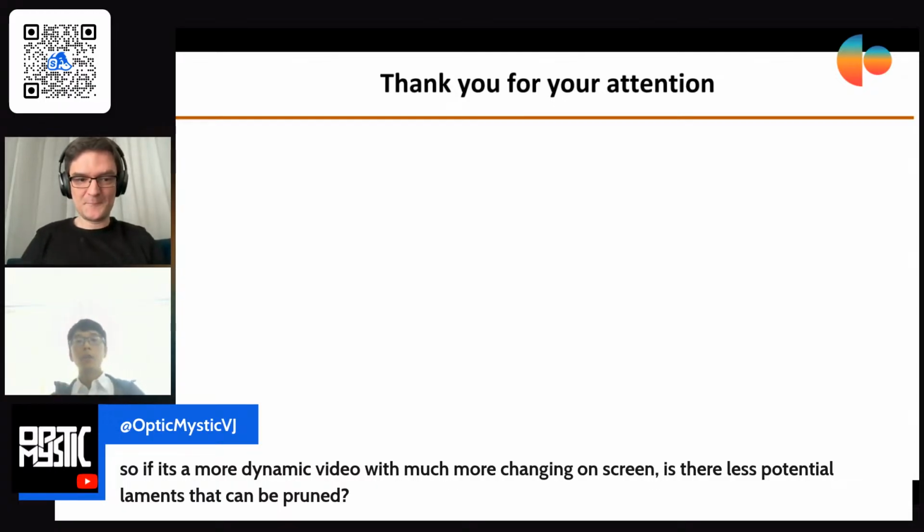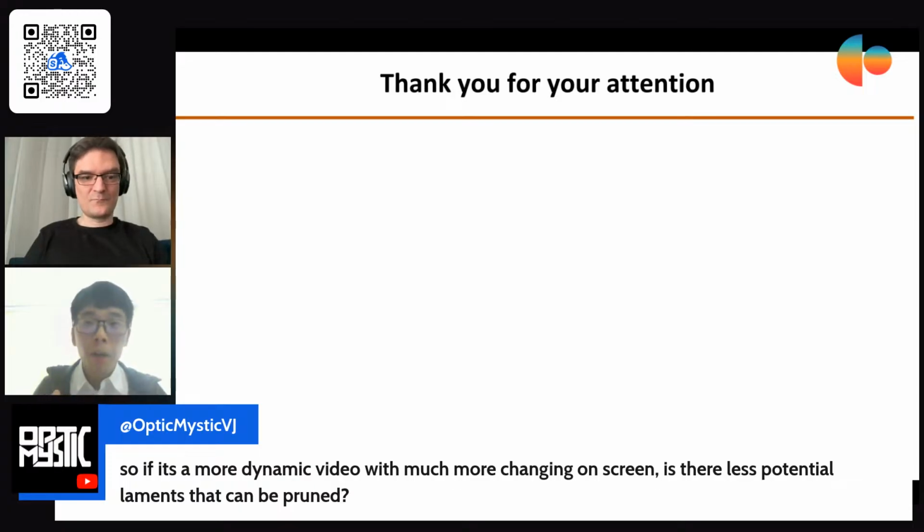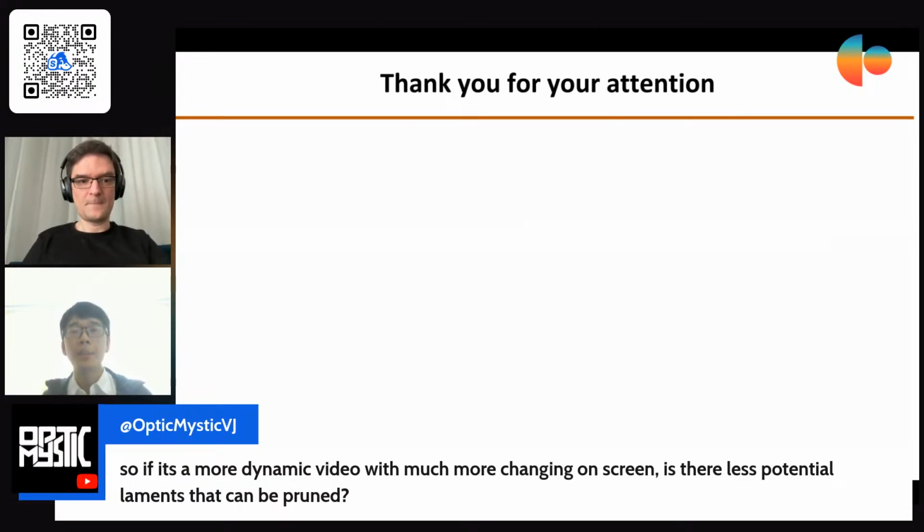Is that a fair assumption? Yes, that is 100% true. But the lower bound, the worst result you can get, is the baseline, because you just don't prune anything. If your camera moves a lot, then likely you do not have a lot of pixels that you can save. But I did think about this before.